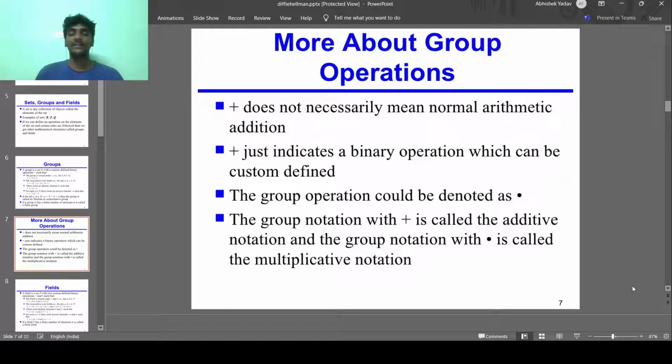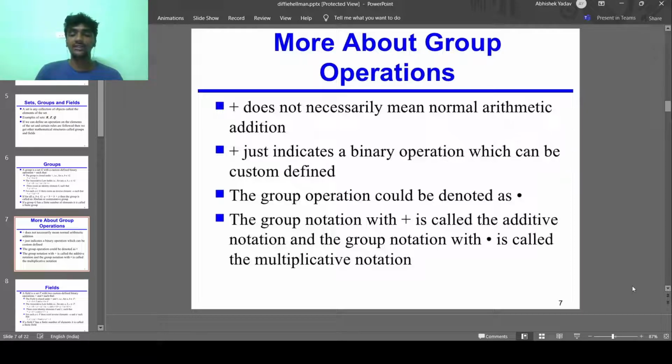So we can have division, we have negation, we can have modulus, we can have AND and we can have XOR, and then the group operation could be denoted as dot. So let's not confuse ourselves with the addition symbol, and now we can just denote group operations as dot.